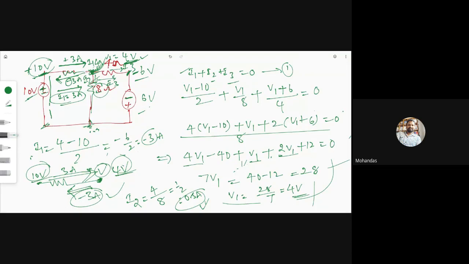In a similar fashion, calculate I3. 2.5. Why?